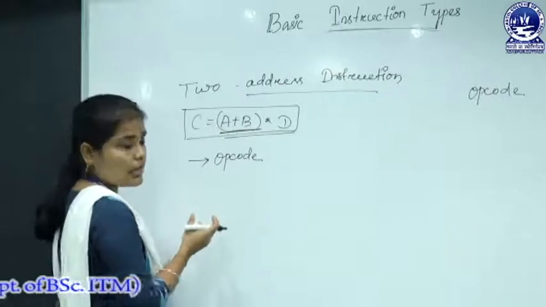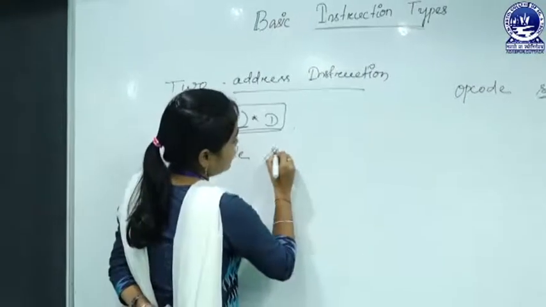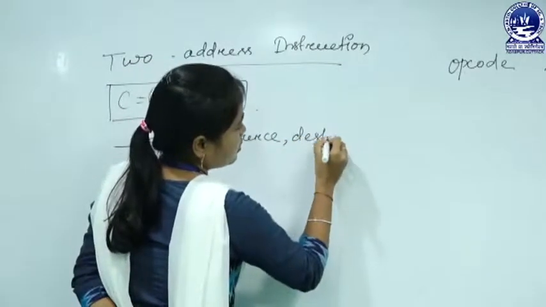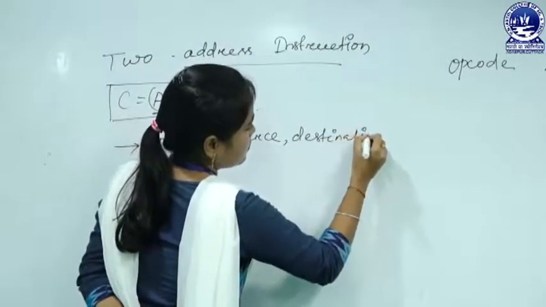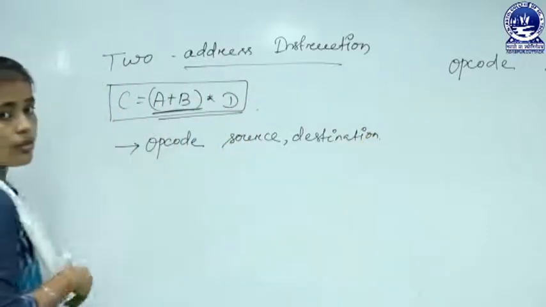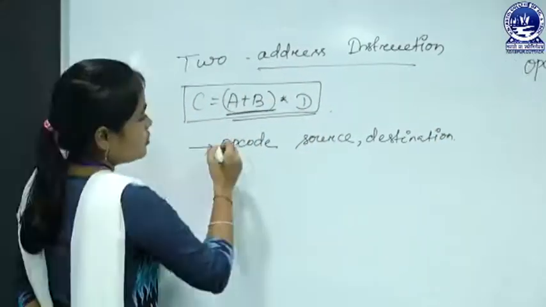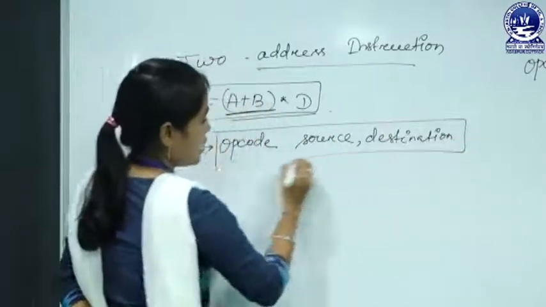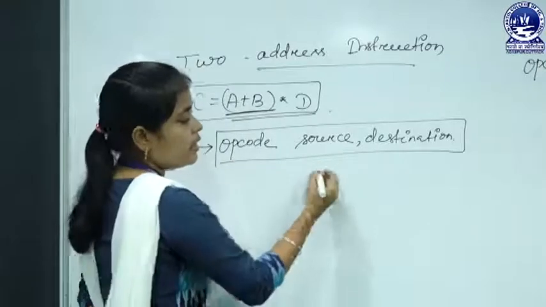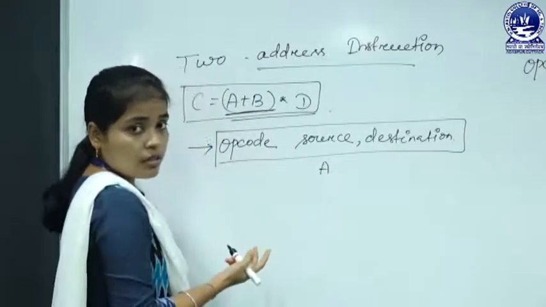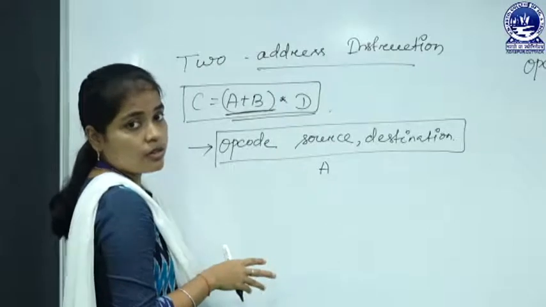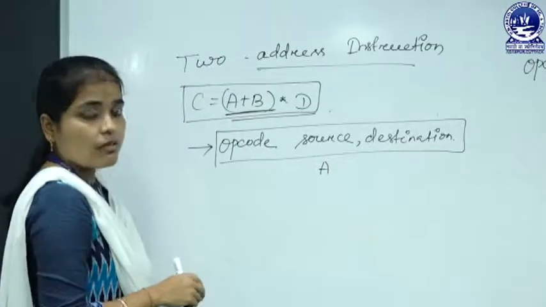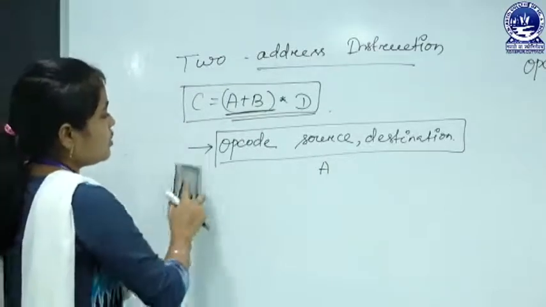Then you have to write the source operand, then the destination. To execute this you have to follow this syntax. The source operand may be a register or a memory location, anything can be used as an operand. We will see it when we are talking about the addressing modes.